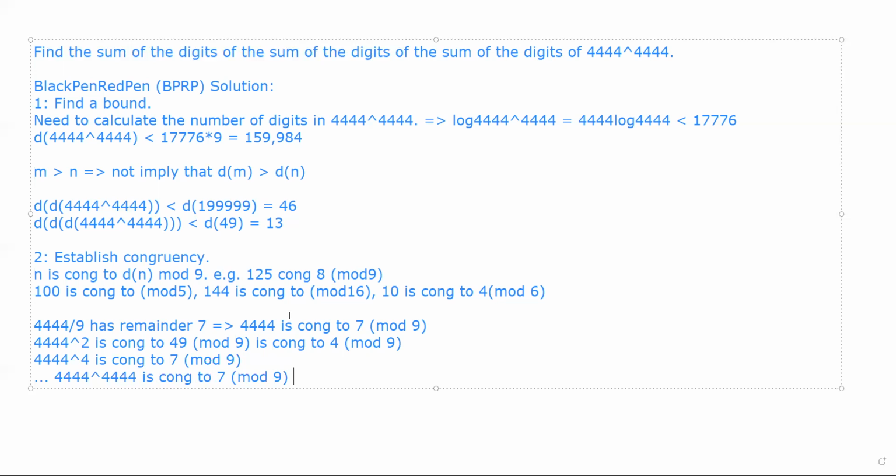And this implies, because when a number is congruent to something mod 9, then the digit sum is also congruent to that number mod 9. So that also means d of 4444 to the power of 4444 is congruent to 7 mod 9.